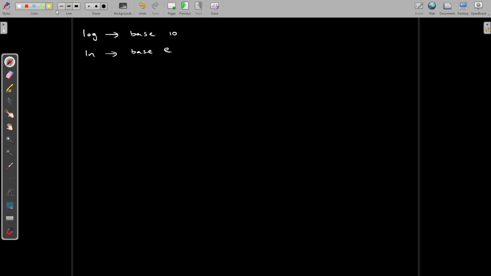So we're going to be doing some simplification of logs based on the rules that you would have had. So we're going to be simplifying logarithmic expressions.